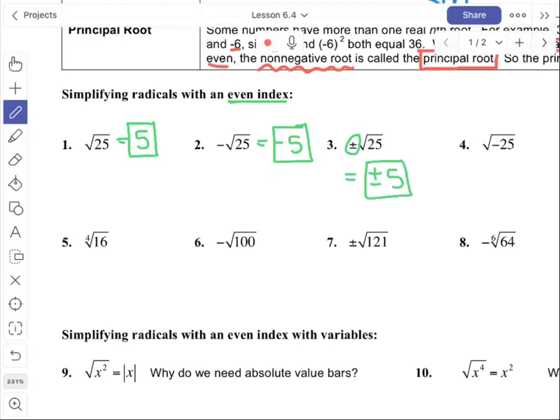Number 4. Let's see if you got this one. Ethan. What do you think? With the negative on the inside, what happens? You have to take it out so it'll become an imaginary number. Good. So what do you get? 5i. Good.